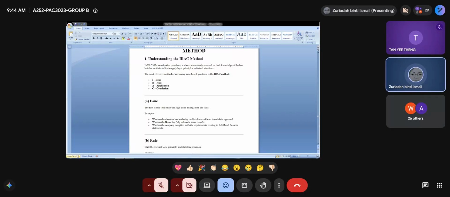So please ensure that you really understand how to apply the IRAC. For example, when the case study asks about the issue, then we connect it with the requirement of the rule. Then we discuss in terms of application: is it consistent or inconsistent with the legal requirement? Then what is the conclusion?